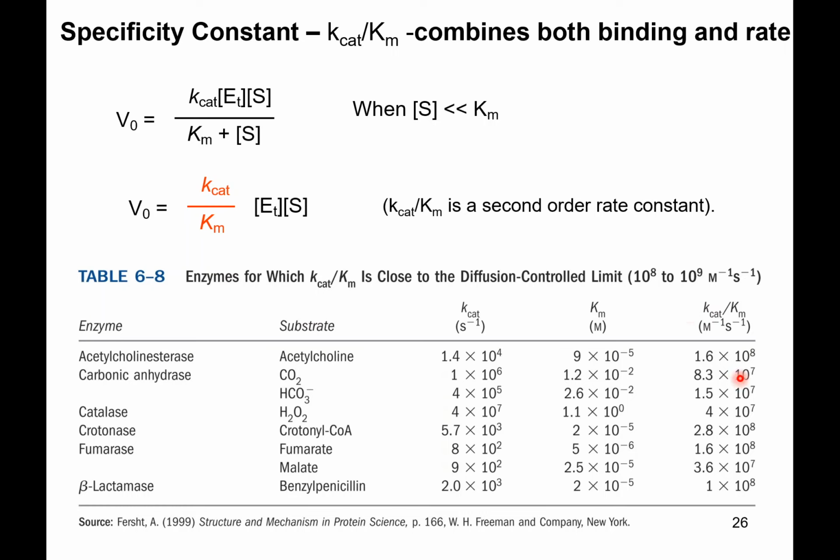Okay. And some of these enzymes get very close to that limit. This acetylcholine esterase gets really close to that, as well as some of these other ones. Right? We'll see an example of this later, and in carbonic anhydrase again later.